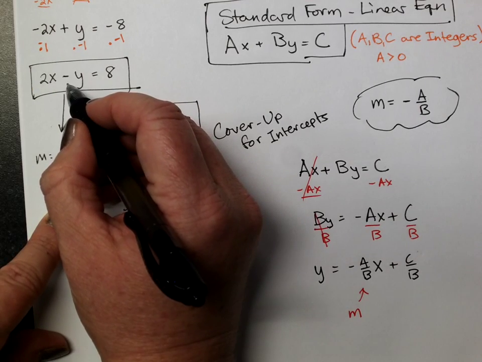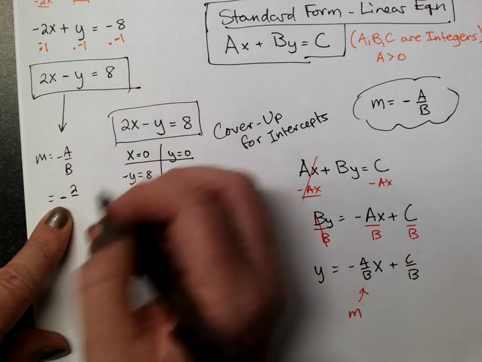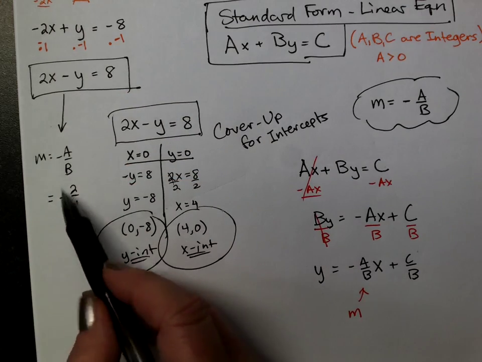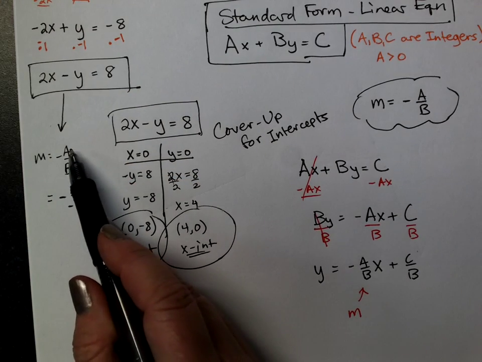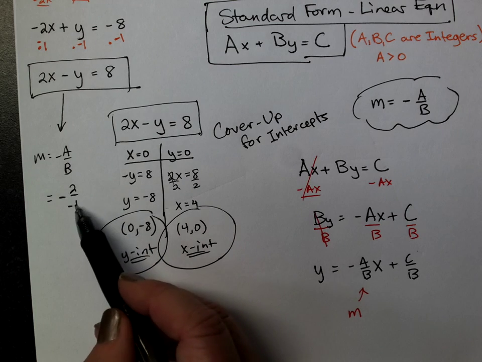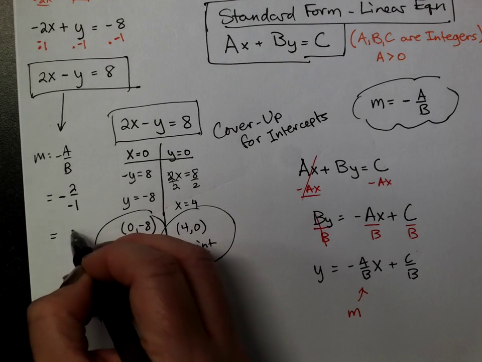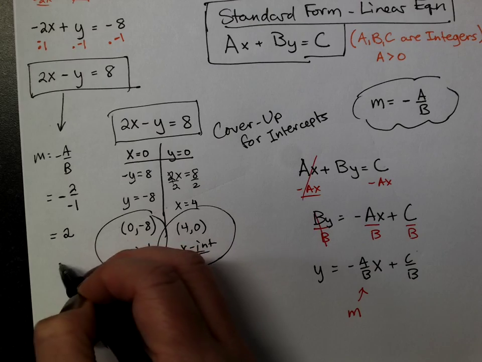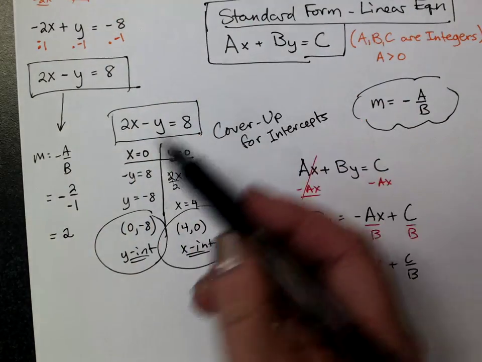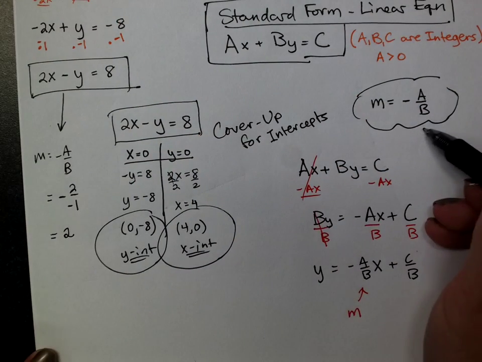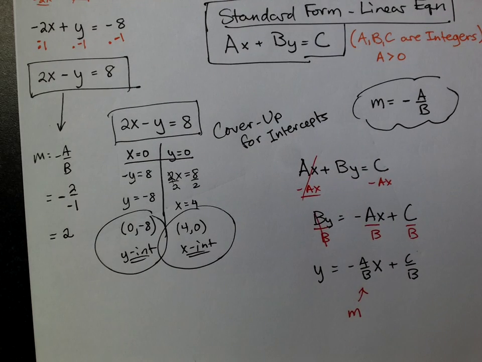Negative 1, right? So it was negative as part of the formula, positive 2 over negative 1, which makes my slope positive 2, which is exactly what we knew it was. So that's it. From standard form, a quick way to find slope. Just take that a over b and flip the sign. Just mind your signs on that one.